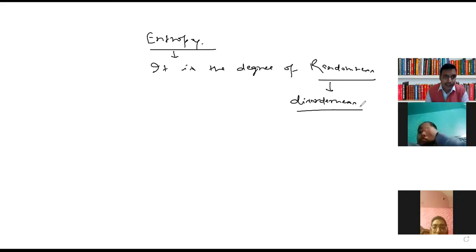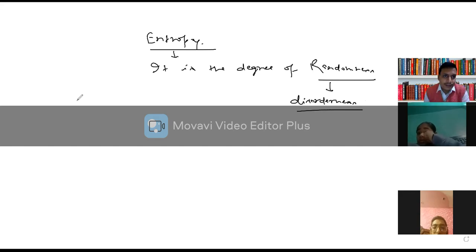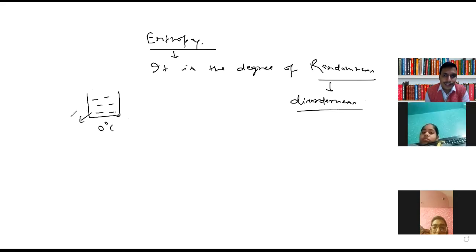Let's take the diagrammatic method. This is a gas filled in a container at 0 degrees C. Any gas you can take. And whenever you increase the temperature of this gas, what will happen? Randomness increases.